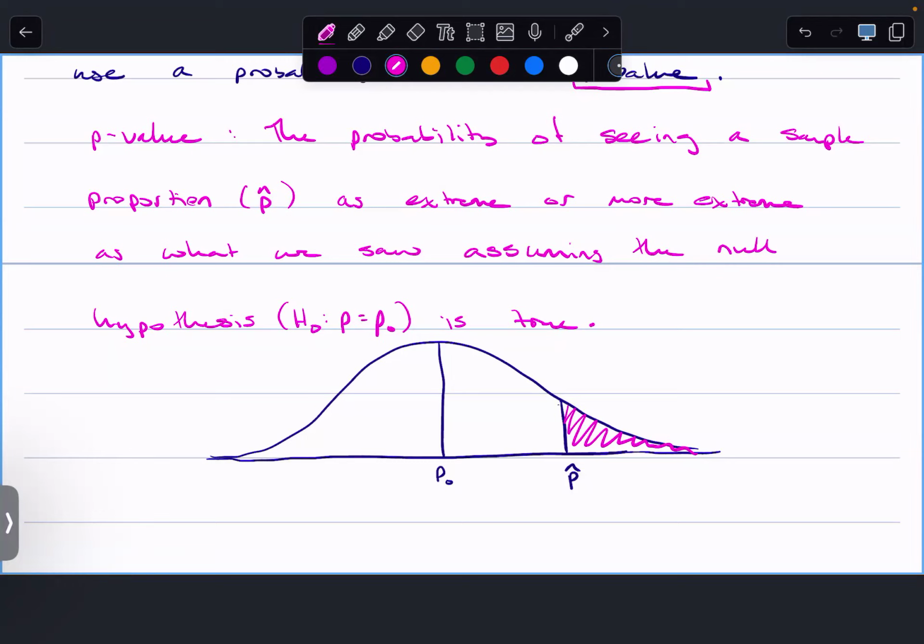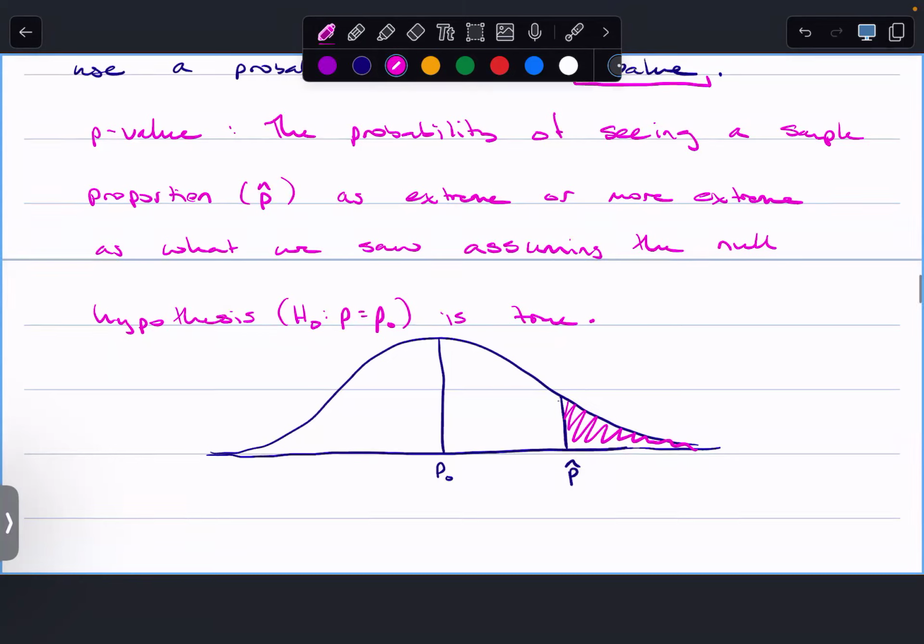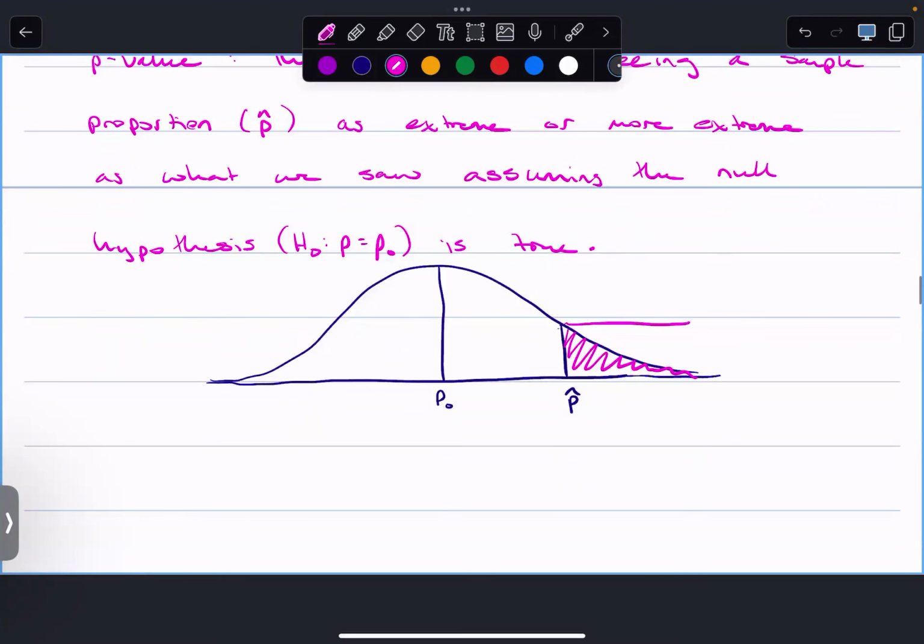Now we've seen one-sided p on our table already, right? And this is where the two-sided p comes into play. And so here, this is the one-sided p, which is really the p-value.